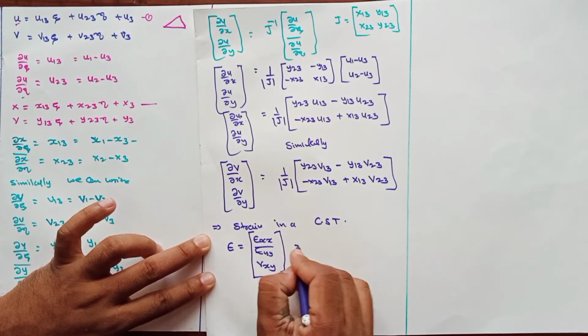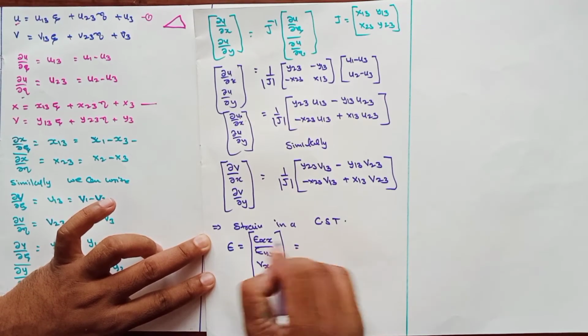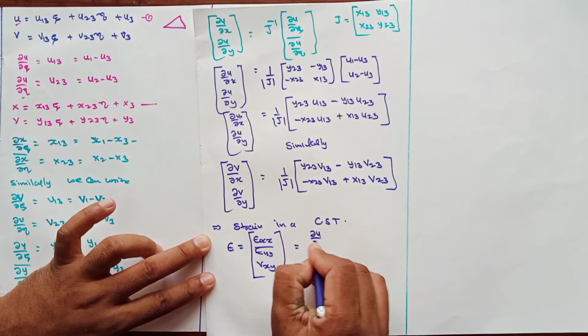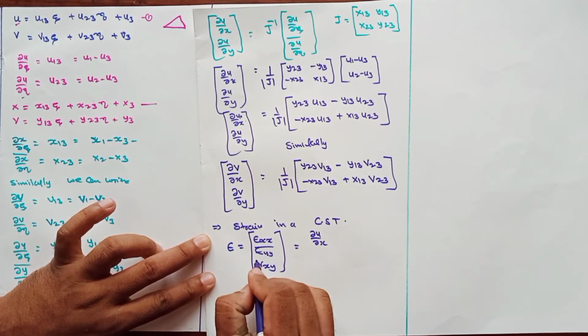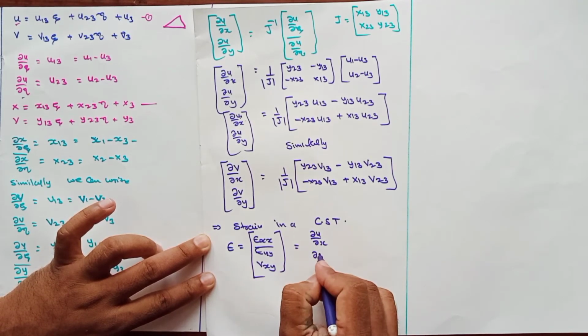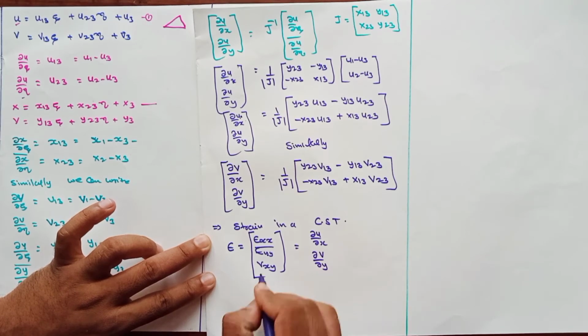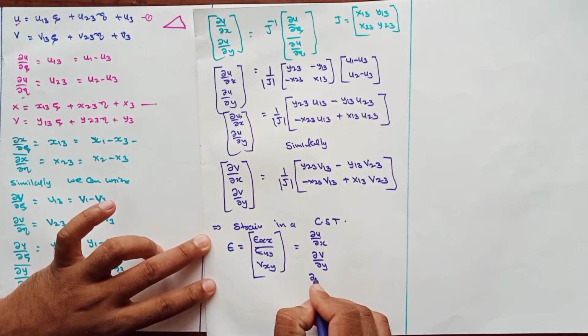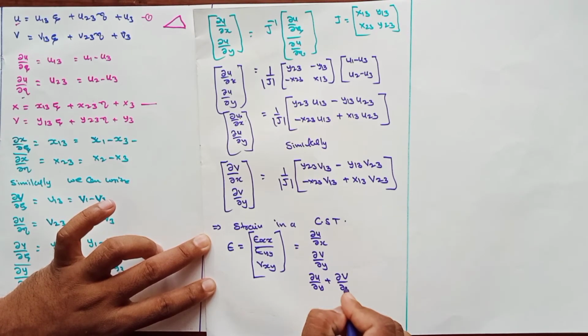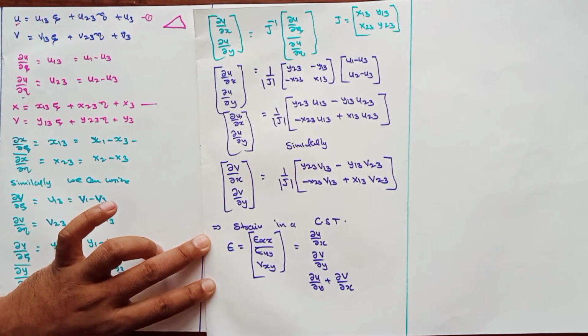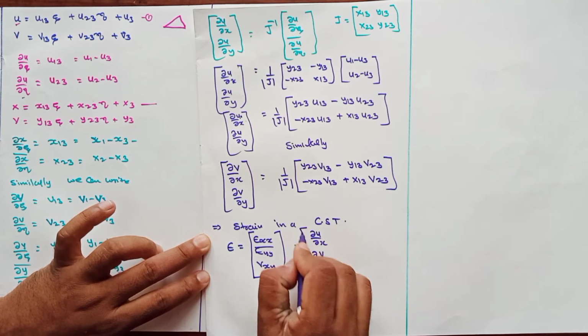Epsilon xx can be written as ∂u/∂x, because it is in the x direction, epsilon yy can be written as ∂v/∂y, and gamma xy can be written as ∂u/∂y plus ∂v/∂x. So this would be a very important one.